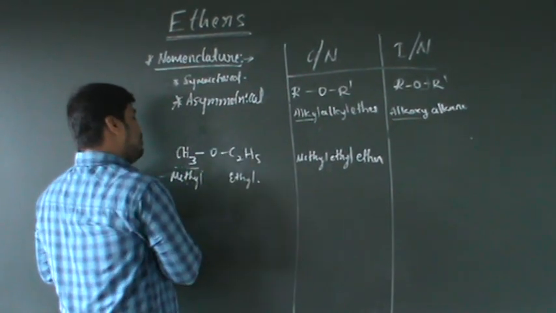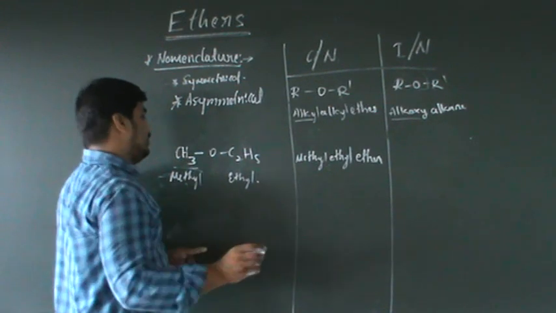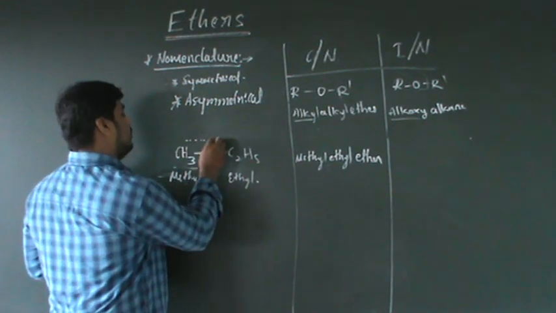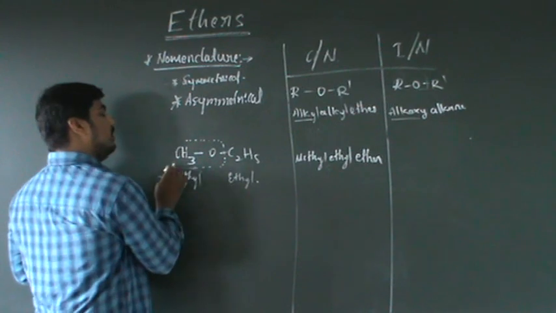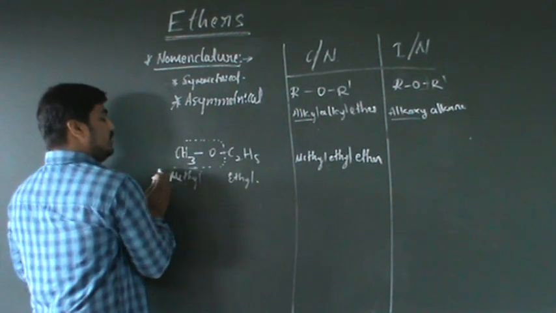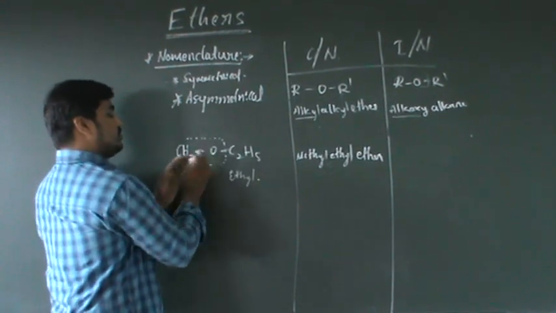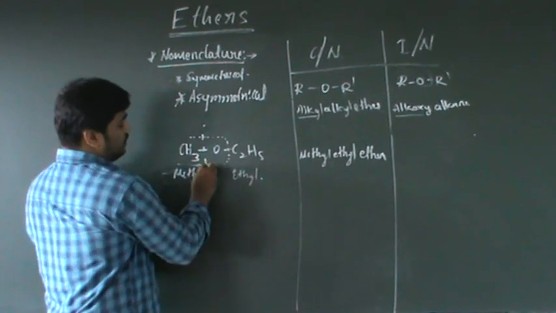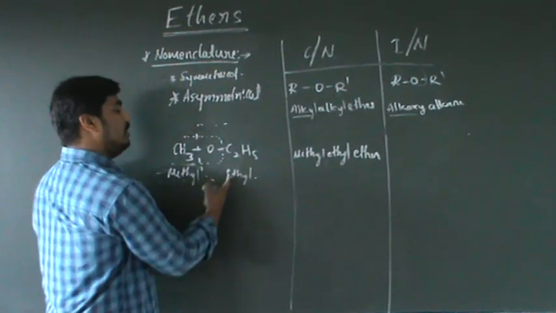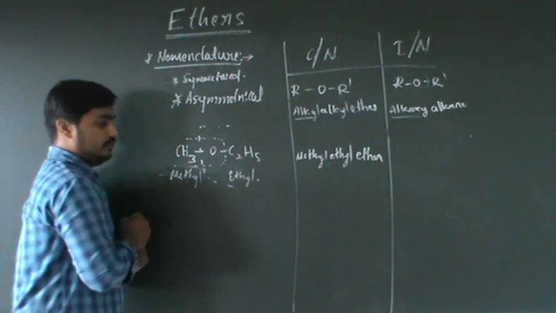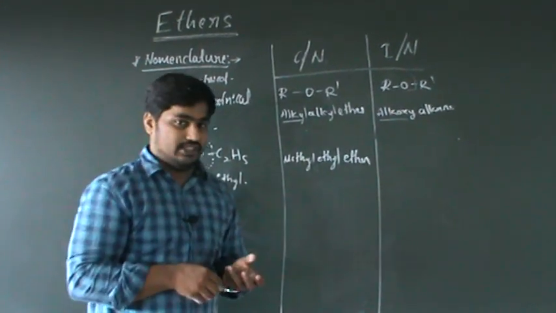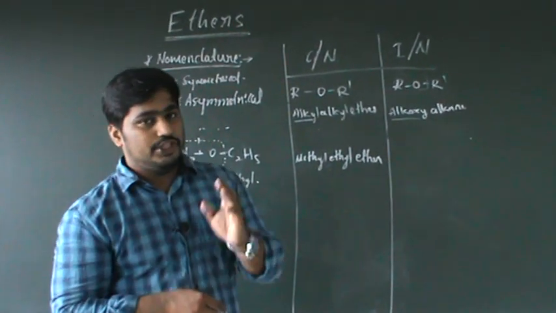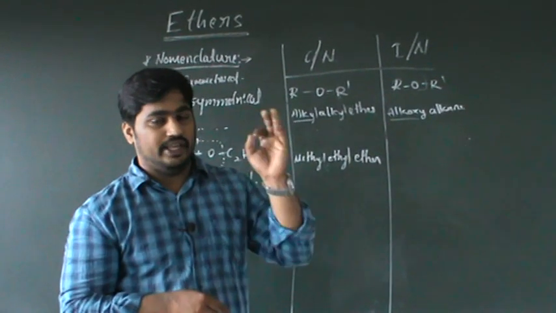Here, if you consider only this part, it becomes methoxy, and on the other side, if you consider this one, it becomes ethoxy. Then the confusion arises: which part should we consider for the naming?